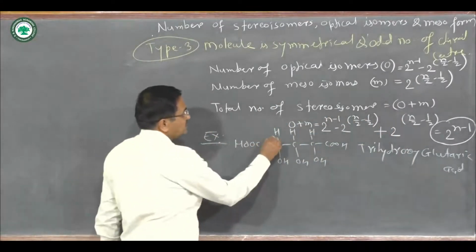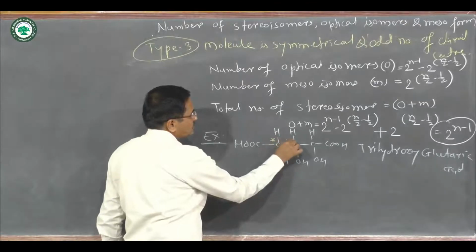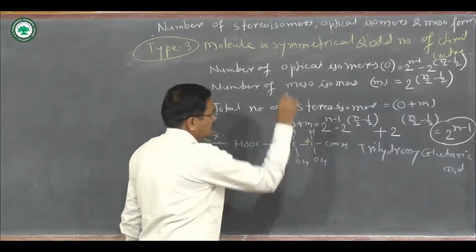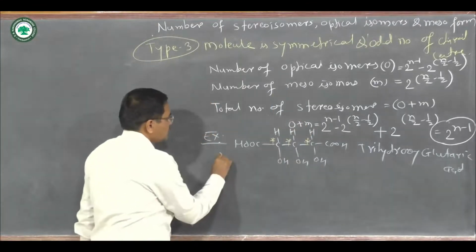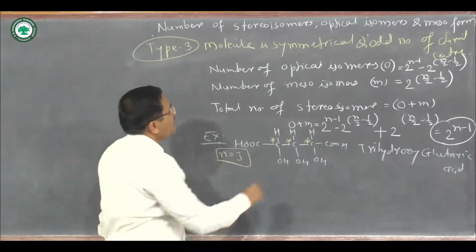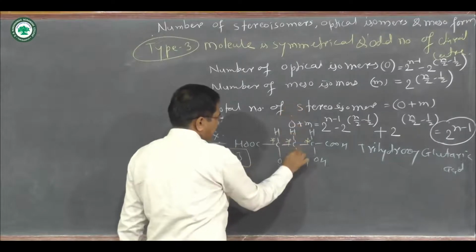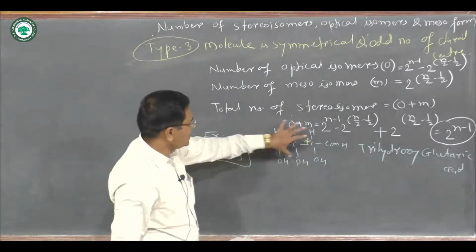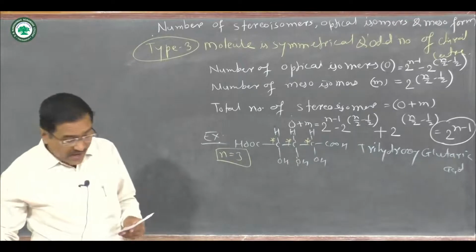This is the chiral center. In this case n equals 3 and the molecule is symmetrical, so this part and this part are identical.